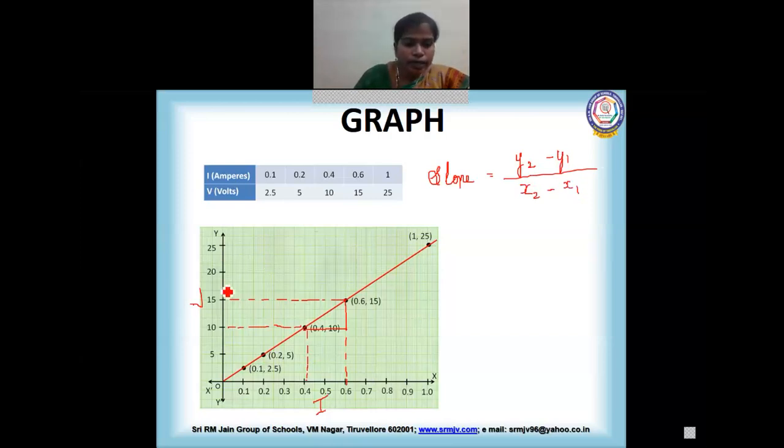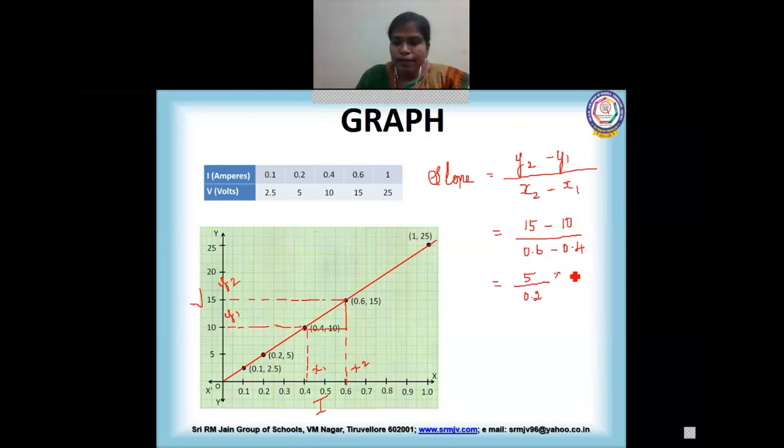So this is my y2 and this is my y1. This is my x1 and this is my x2. So I'm going to substitute the values in the formula. y2 is 15 and y1 is 10. So 15 minus 10 divided by 0.6 minus 0.4. 15 minus 10 is 5 and 0.6 minus 0.4 is 0.2.